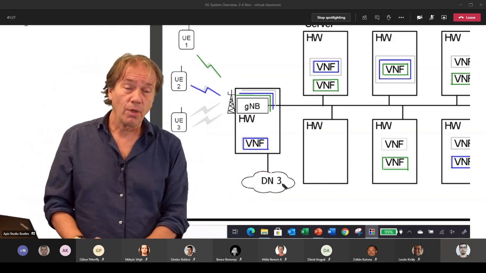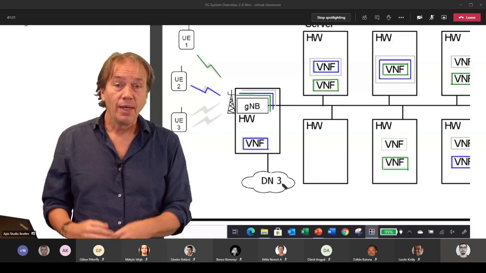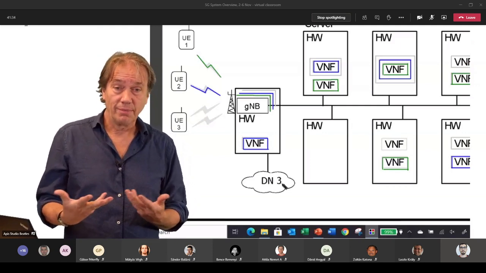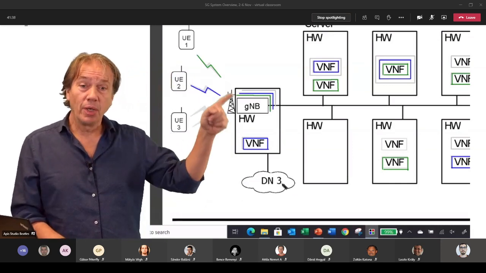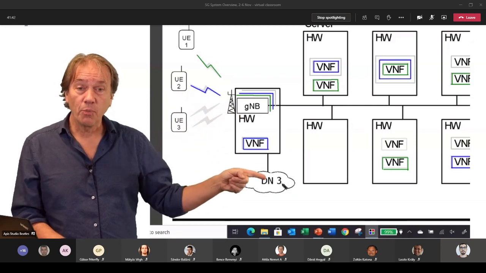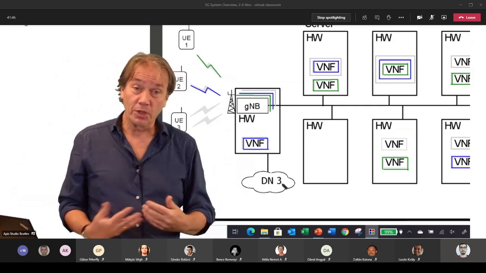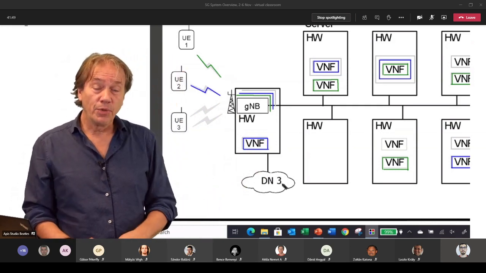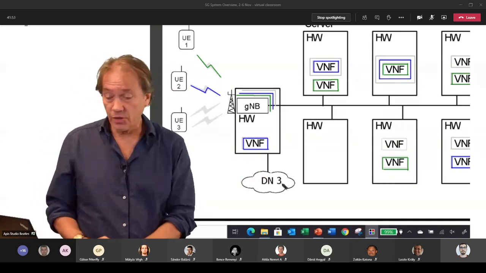It sounds quite a bit like edge computing or multi-access edge computing, having the services located on the edge of the network to allow for shorter latencies, and also it means that we don't have to load the transport networks further in with traffic, because we terminate the traffic already on the edge of the network.